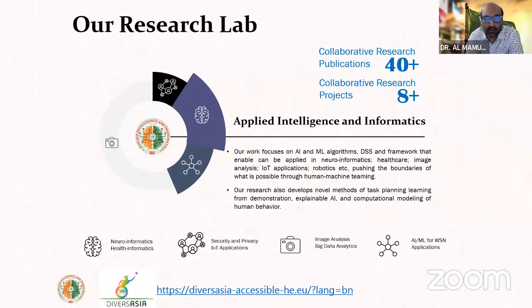So how tools can make easy access for them in higher education. And we are doing that project to make such tools using AI and machine learning.